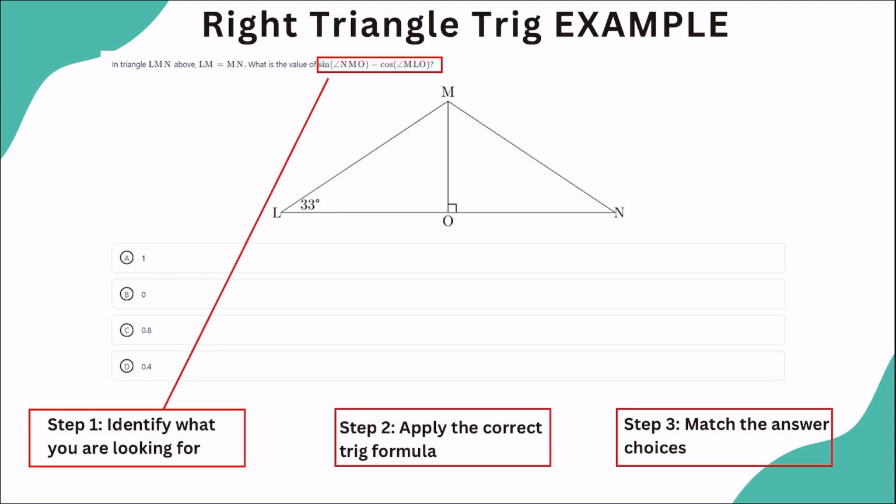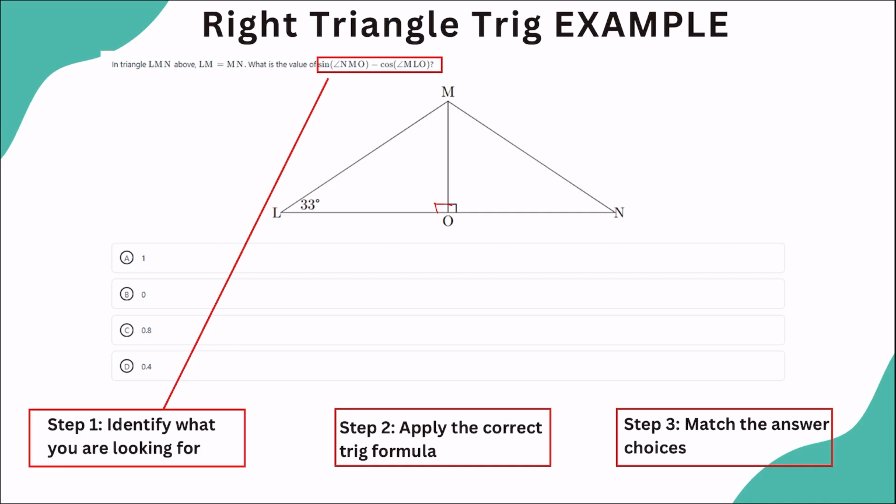So here's an example. In the triangle LMN above, LM equals MN. And then it asks us, what is the value of sine of NMO minus cosine of MLO? Okay, so we can start by knowing that this is going to be also a right angle because these are supplementary angles. And so we have to have a total measure of 180 degrees. So if one side is 90, the other has to be 90.